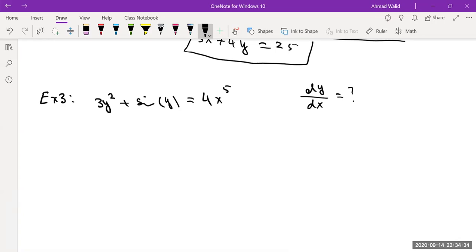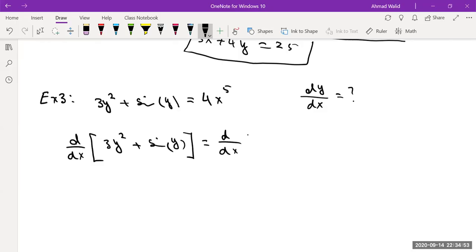Again, same method. Take the derivative from both sides. d over dx of 3y squared plus sine of y equals d dx of 4x to the power of 5.